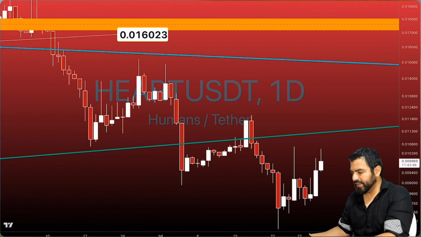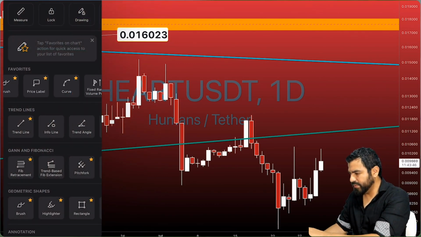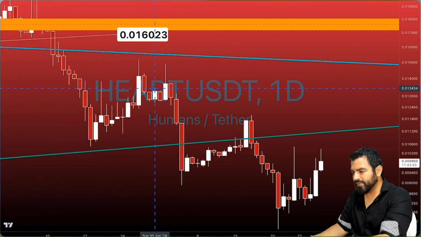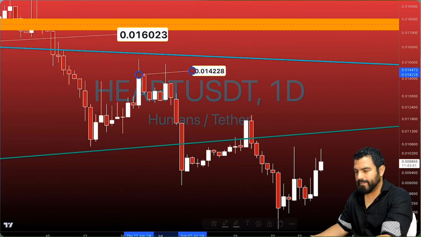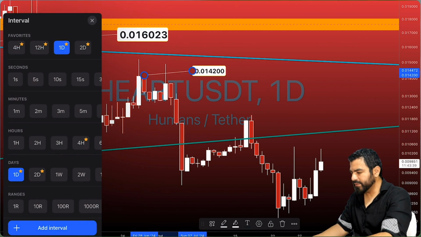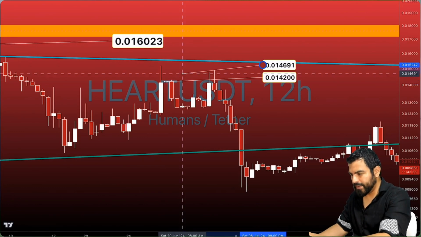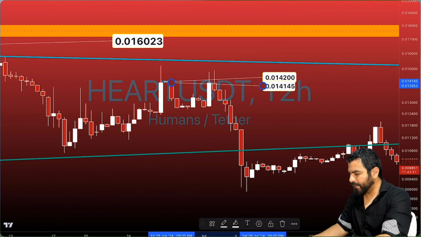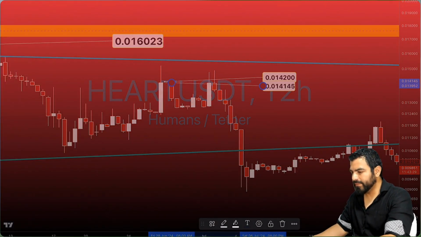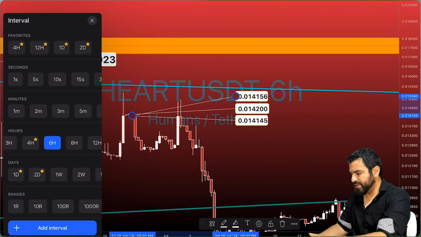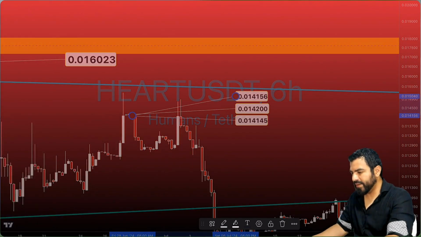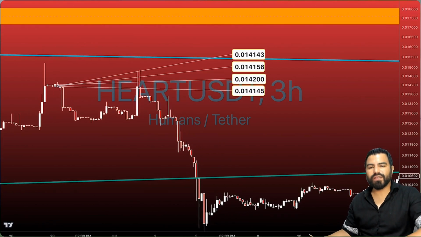So this is how we do it intraday. The daily is powerful, yes, I know. But if we're intraday traders, there's the daily, here's the 12-hour, here's the 6-hour, here's the 3-hour. Where's the core cluster for this one?